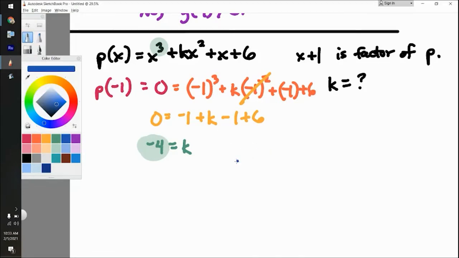First thing I'm going to do is rewrite that equation. So x cubed plus, oops, I'm not going to do plus though because it's a -4. So -4x squared plus x plus 6. I replace this k right here with the -4, essentially. Now this has a factor of x plus 1.